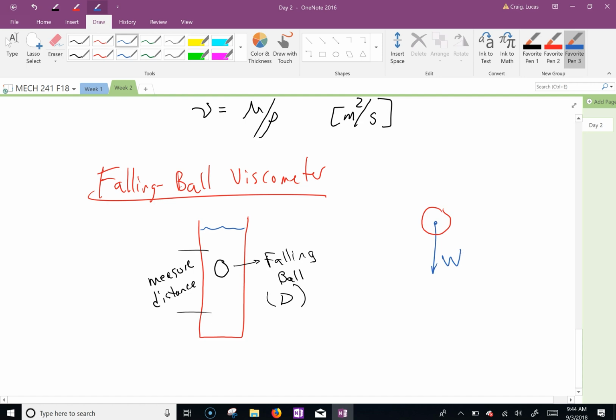Other forces. Anytime you have an object in a fluid, there's no normal forces because it's not touching another solid object. All right. Buoyancy. There is, yes. Someone said it over here.